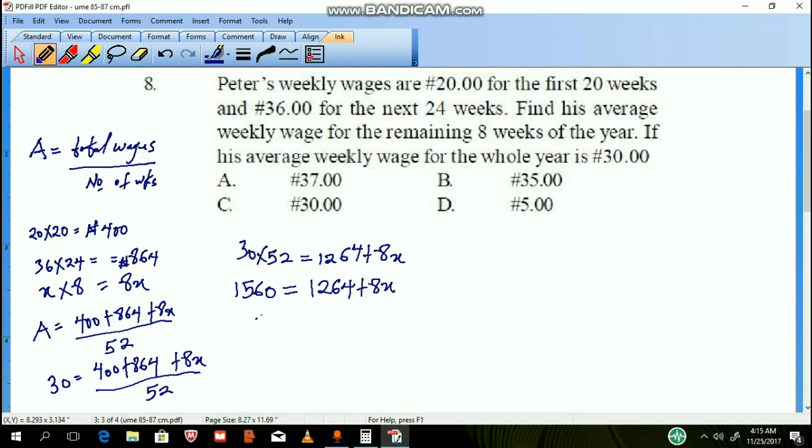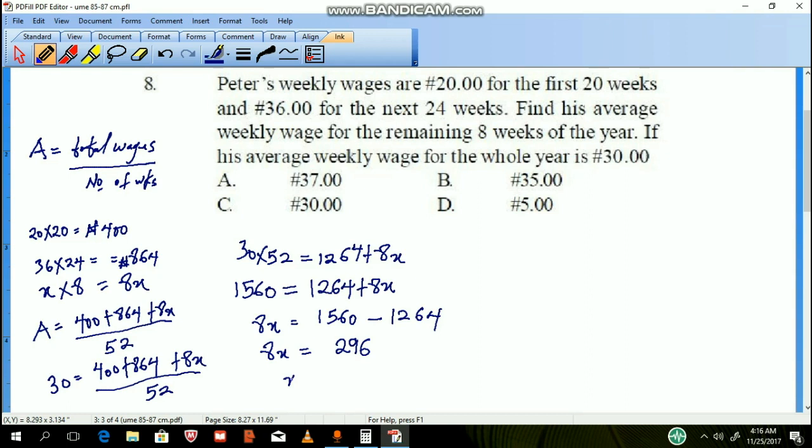So if I make 8x the subject, that will be 1560 minus 1264, and that will be 8x equal to 296.